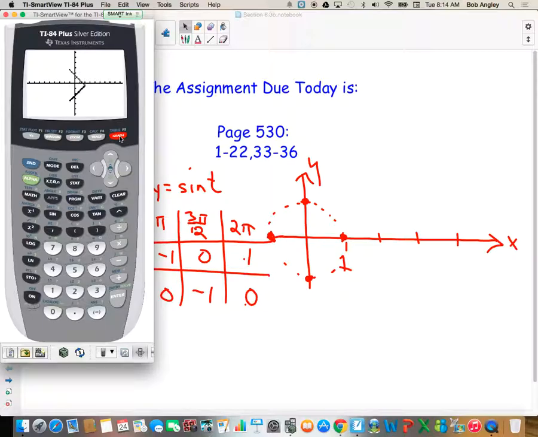All right, now they want to know in 36 what values of t graph into points in the fourth quadrant. And so all we do here is we just use the trace button. We can just go over here until we're looking at the x number here.